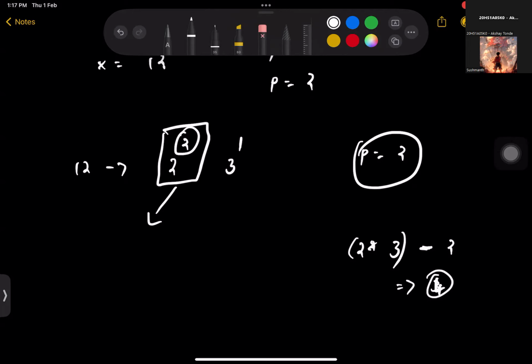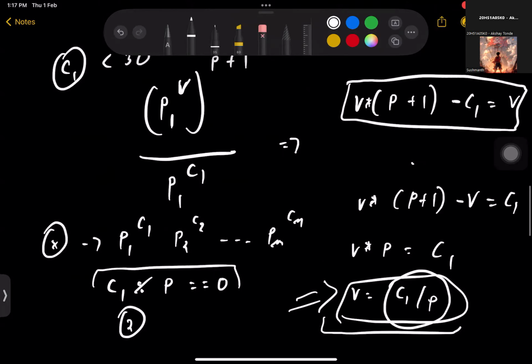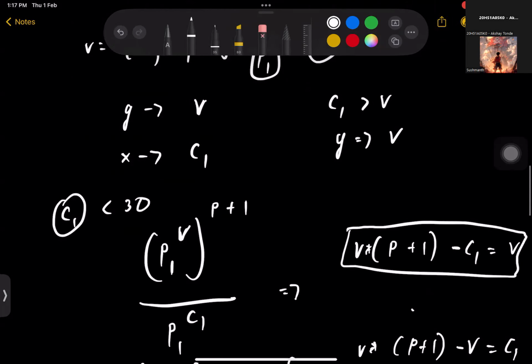So we can either put 2 power 4. 2 power 4 is the first case, when we consider c1 itself.